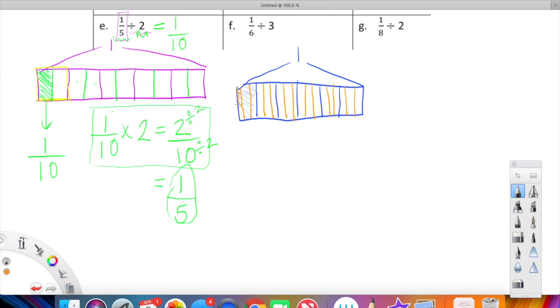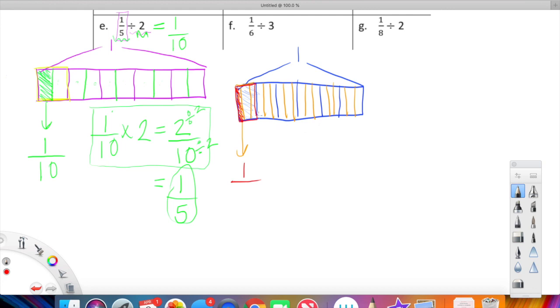Ultimately, I'm looking for 1. When I divide 1/6, I'm going to outline 1/6 in red. When I divide 1/6 in red by 3, 1, 2, 3 in orange, what is this? I'll shade this in red, even though I've already shaded it in orange. What is that fraction? Well, the numerator is 1, because I've only shaded one piece. What is our denominator?